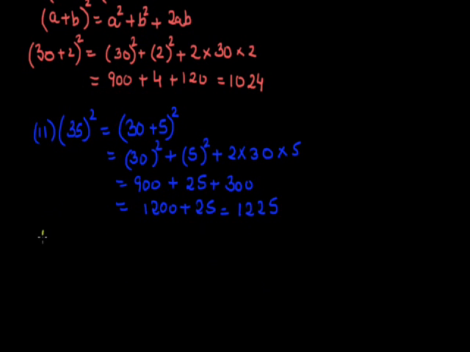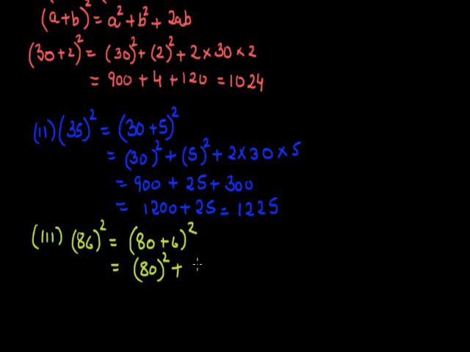Okay, the third part, I have to find the square of 86, that is 86 whole square. So I can write (80 plus 6) whole square, again the same identity, (a plus b) whole square. I can write 80 square, that is a square, plus b square, that is 6 square, plus 2 into a, that is 80, into b, that is 6.